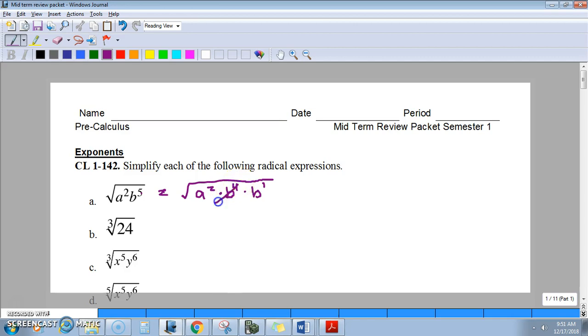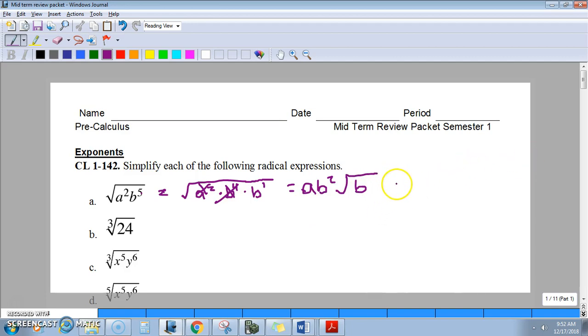Now b to the 4th has a square root, and a squared has a square root. The square root of a squared is a. The square root of b to the 4th is b squared. And then we still have the square root of b to the 1st power, but we cannot simplify that anymore, so this is the most simplified.